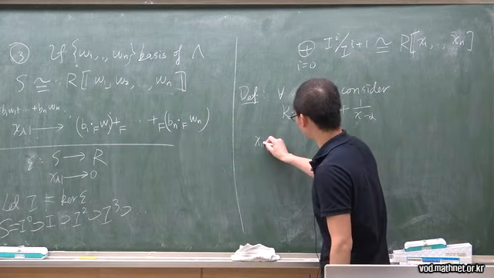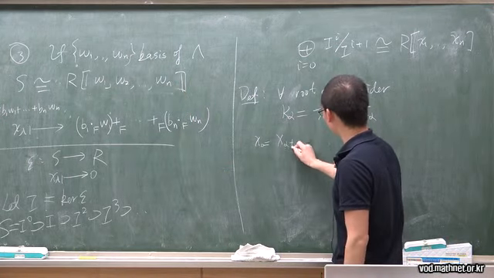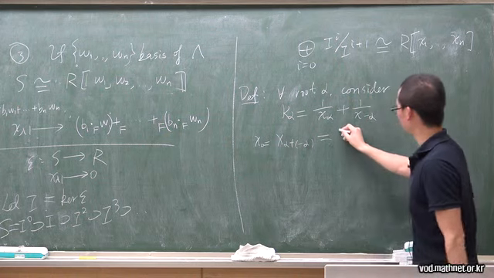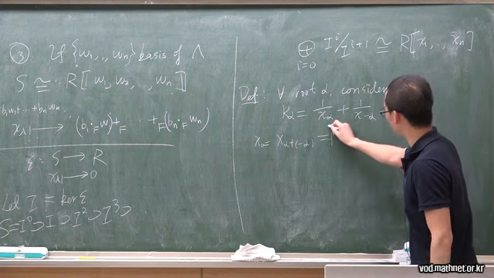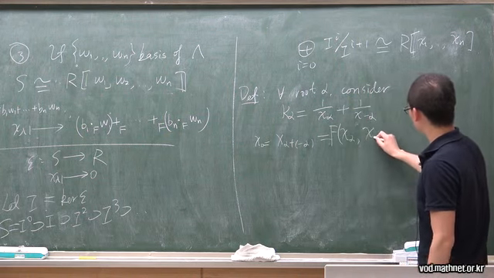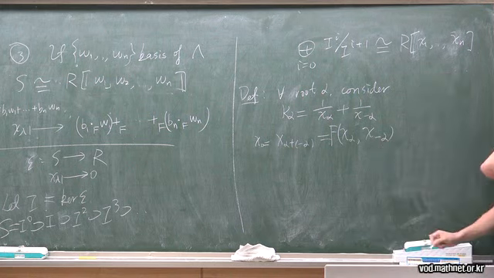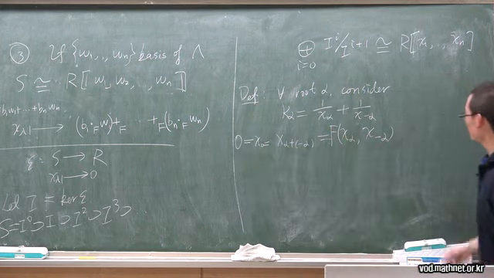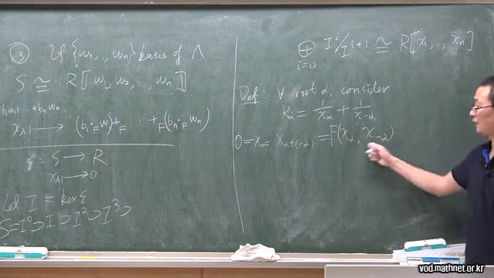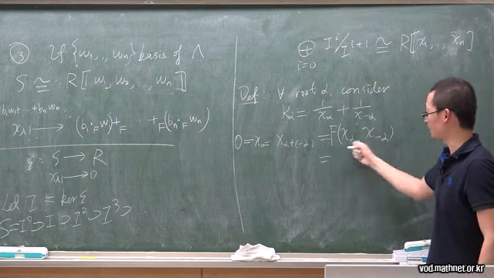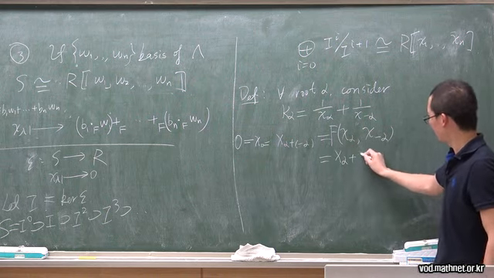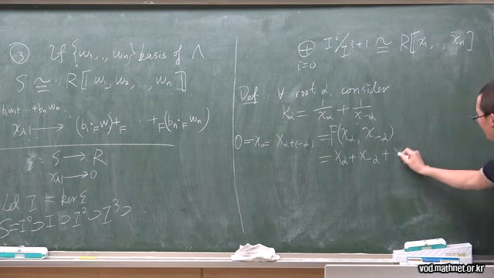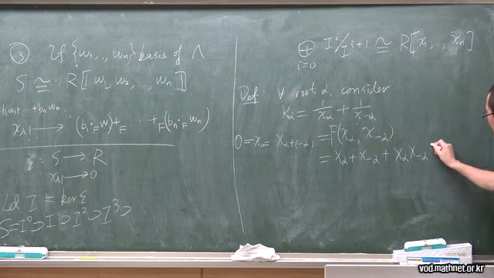Now because x0 is equal to x alpha plus x minus alpha, the formal sum of these two, that's equal to 0. And as I said, the formal group law usually starts with x plus y. So that's x alpha plus x minus alpha plus x alpha x minus alpha times g of x alpha, x minus alpha.